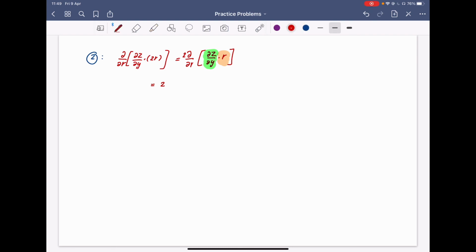All right. Here you're going to get the green thing, and then by the product rule you keep the green thing and then differentiate with respect to R the second one, and then plus keep the second one and then differentiate the green one. So let me label that for you.